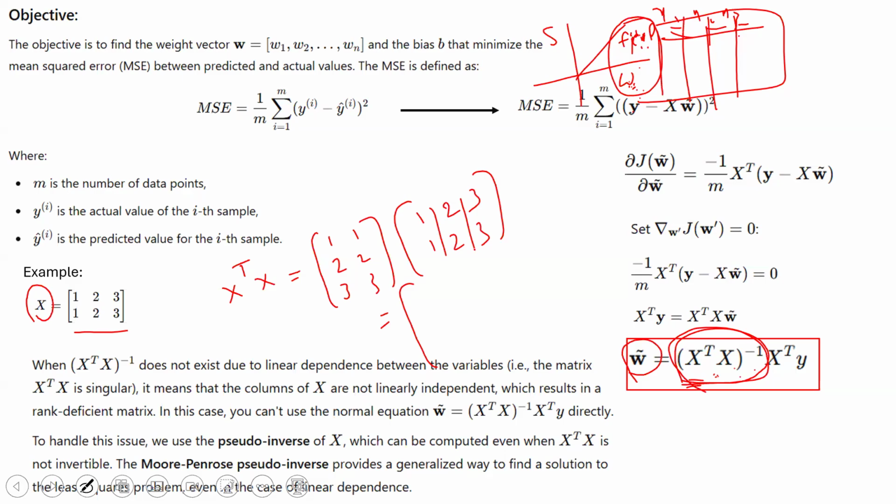1 into 1 plus 1 into 1, 2, 4, 6, 4, 8, 12, 6, 12, 18, right?